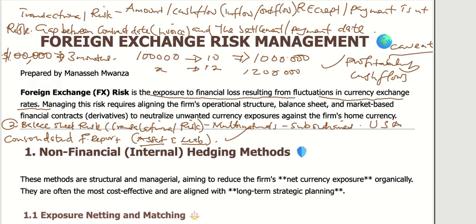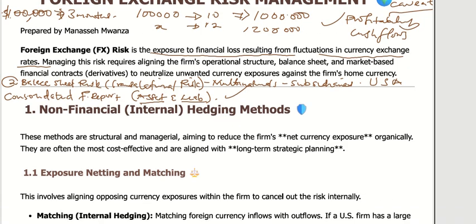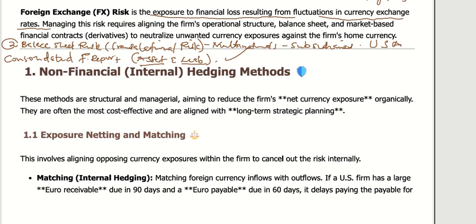So having understood foreign exchange risk, let us look at some hedging methods. Today we'll just concentrate on the financial hedging methods, the internal hedging methods, or sometimes we call them the organic methods.